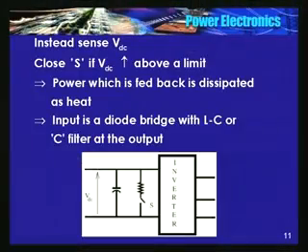So what is being done is, this VDC is sensed, okay, and the moment it increases above a set value, close this switch S. So what happens? Now the capacitor discharges, or the additional energy received from the load is dissipated as heat in this resistor.